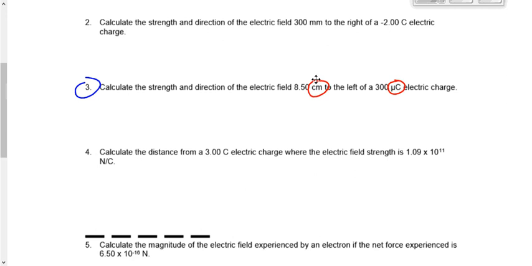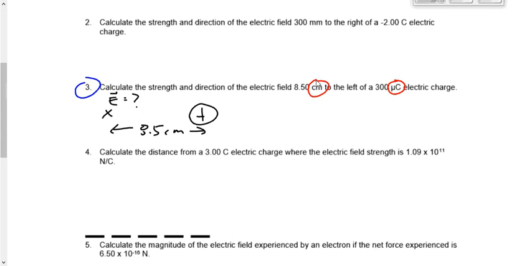Let's draw this out, okay? Drawing it out is going to help us with the direction, but it's also going to help us to determine whether we have a producer or an experiencer here. 8.5 centimeters to the left of this charge. So here's my charge. I want to find the field strength right here, 8.5 centimeters to the left of that charge.